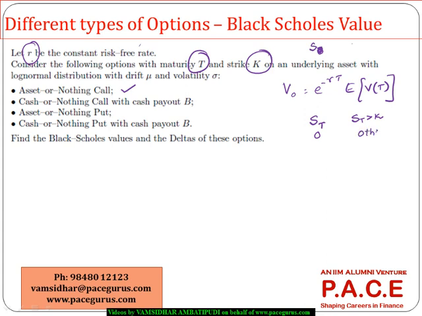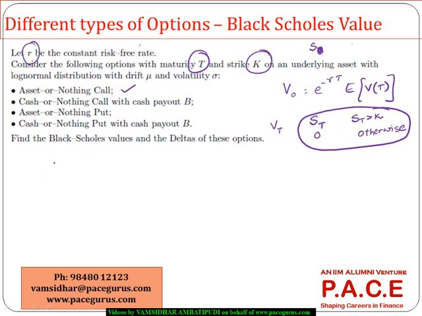So this is the logic. Okay, so first of all I am trying to understand the value, which will become the value at time T. It could be either ST when ST is greater than K, or it is 0 otherwise.